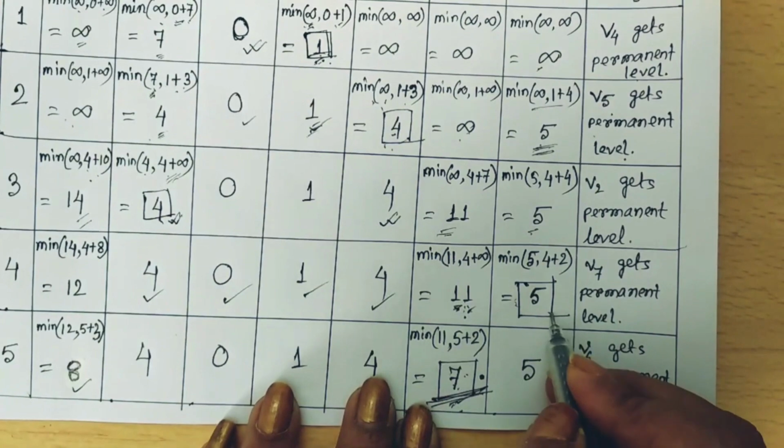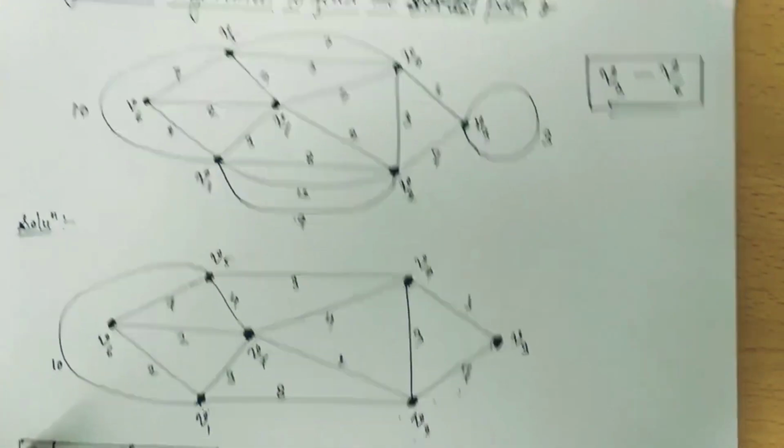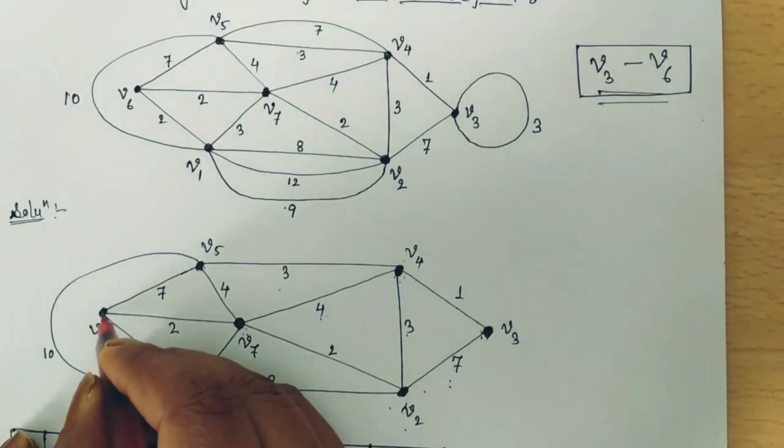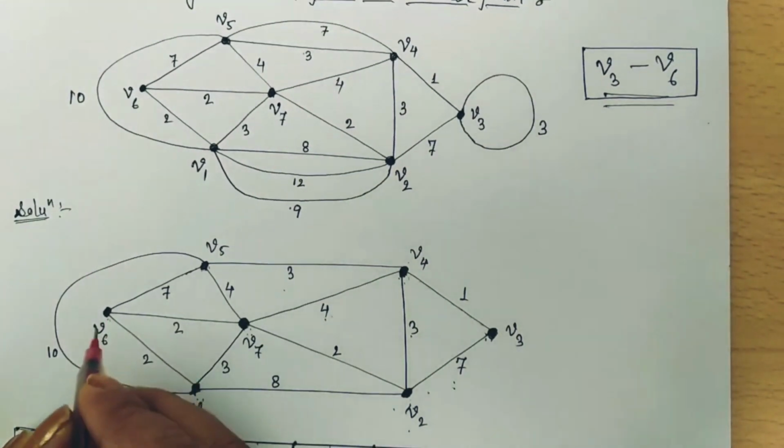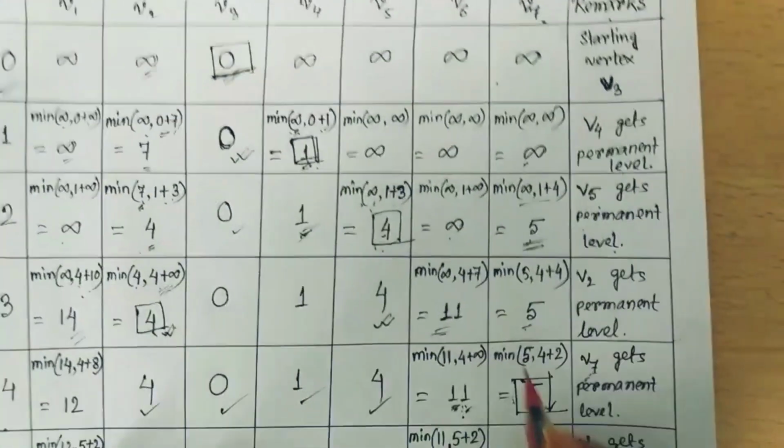Here we will find this vertex gets the permanent level, that is V7. So in the graph we have V6 as the final destination and V7 gets its permanent level. So V7 we will choose.